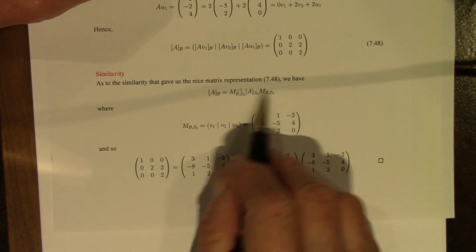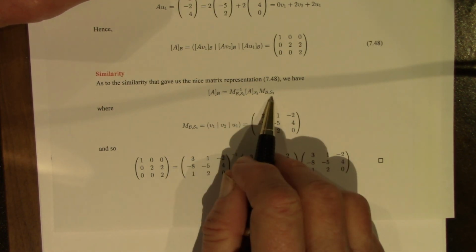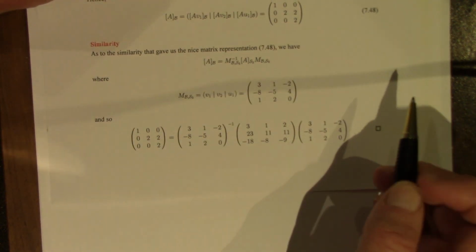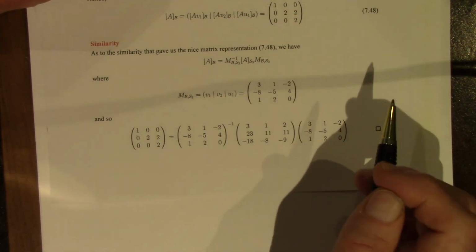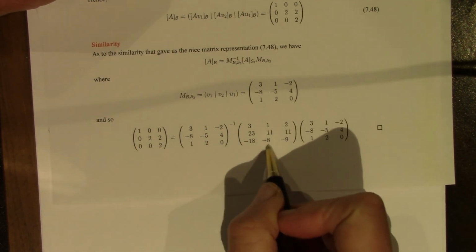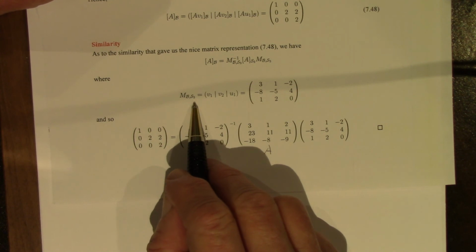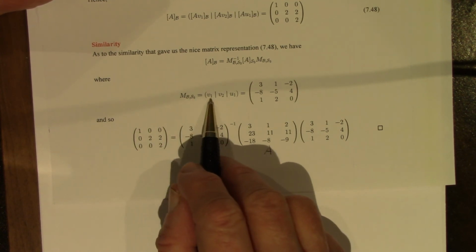This is the formula that connects those two. The matrix of A with respect to the standard basis is, of course, A itself, so that's why this is A right here.